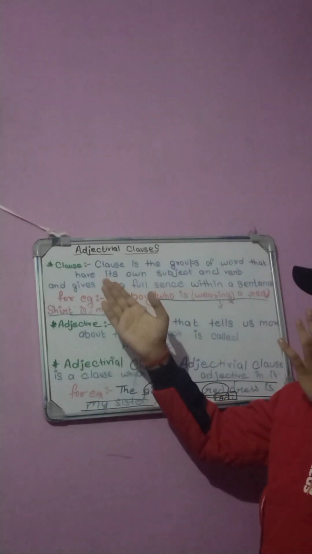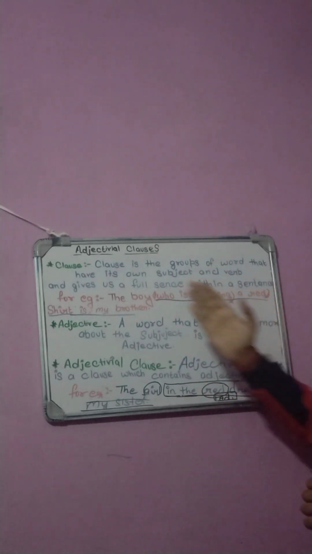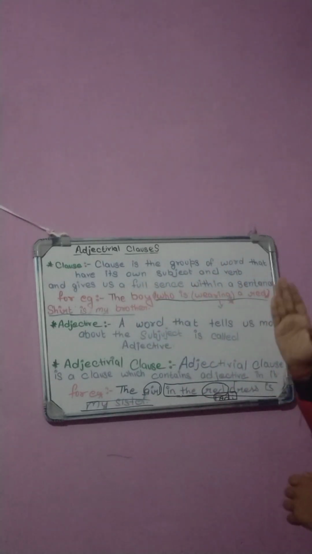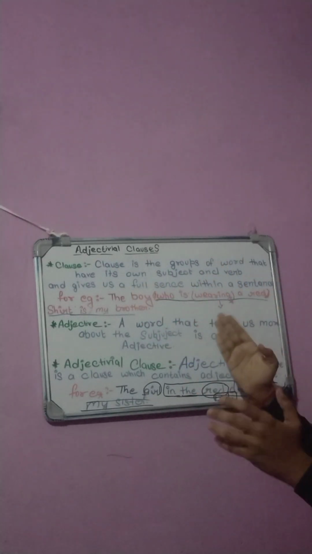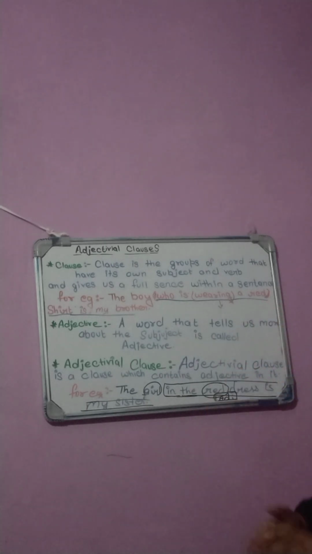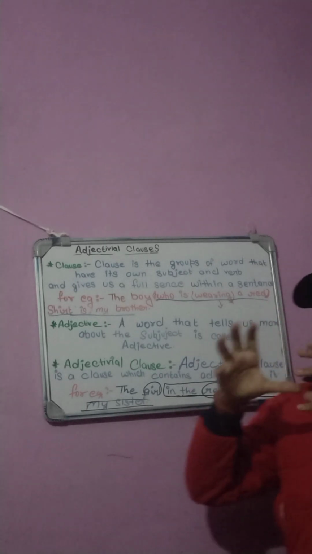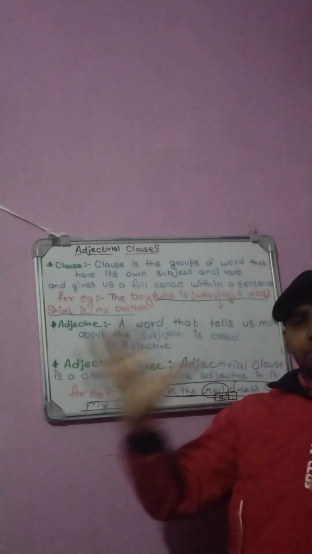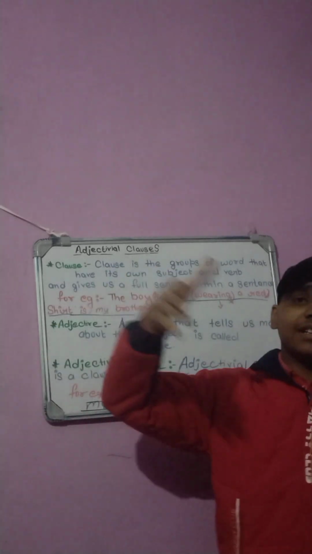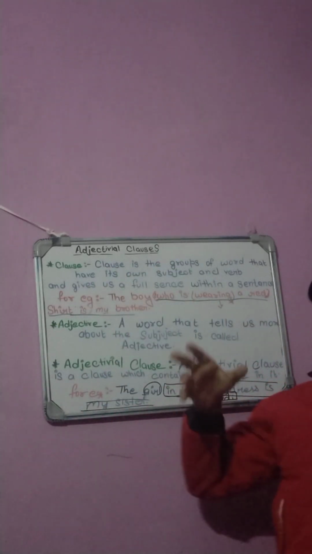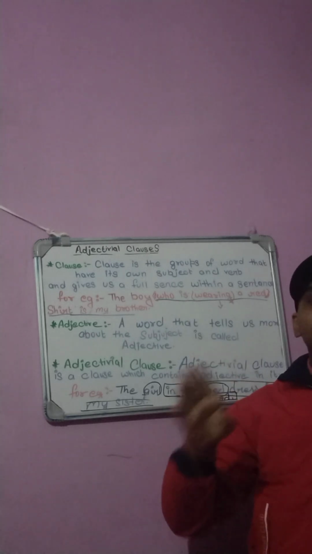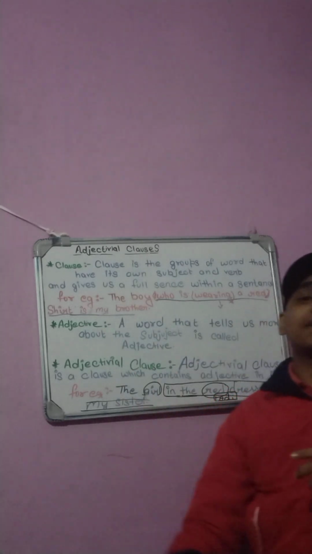A clause is a group of words that has its own subject and verb and gives us a full sense within a sentence. It is just a group of words which comes under a sentence. There is much more difference between a clause and a sentence.